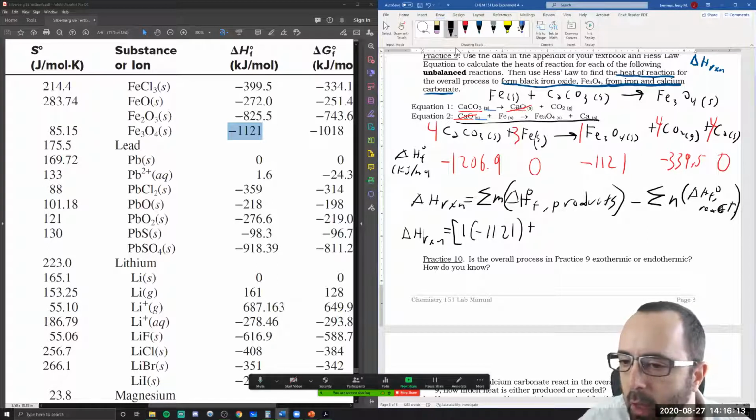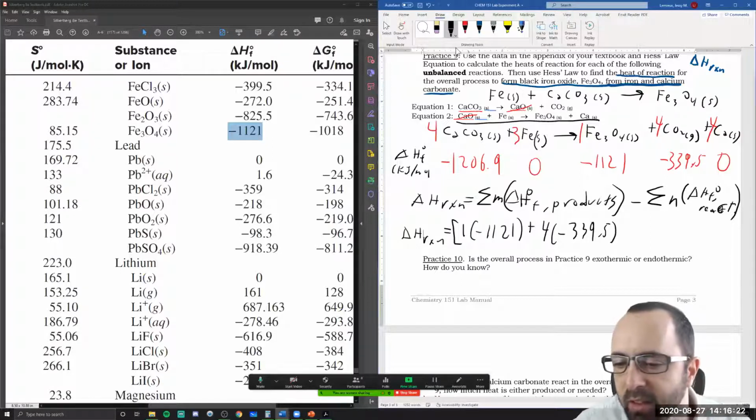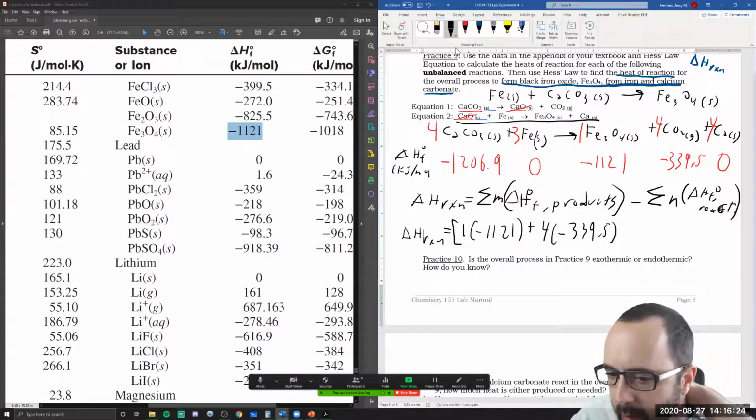Plus, for the carbon dioxide, 4 times negative 339.5. These are all kilojoules, by the way. I'm just not writing kilojoules to save space, but these are kilojoules per mole. And then we'll have 4 times 0. I'll just leave that off because 4 times 0 will be 0.